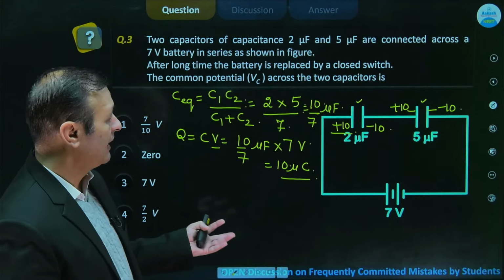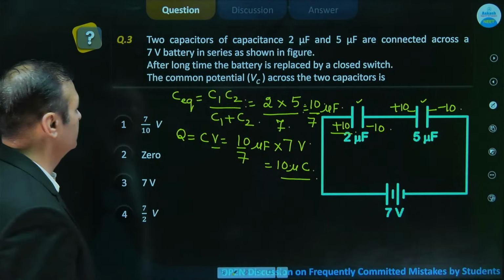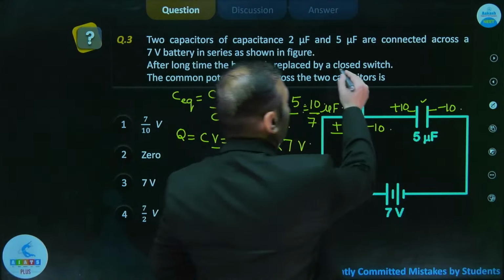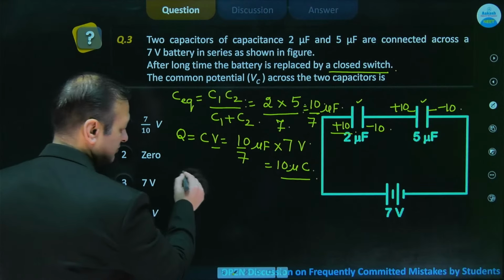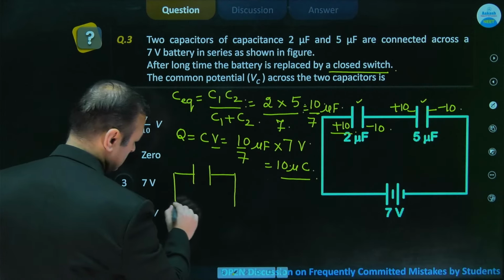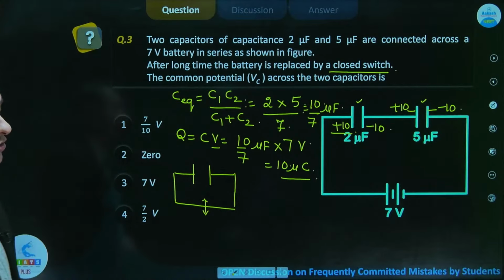After a long time the battery is replaced, so we remove the battery and just replace it with a closed switch. So we have C equivalent and this is the switch you have. Got it? So this is the simplest circuit we have.